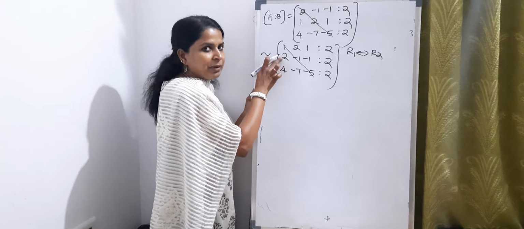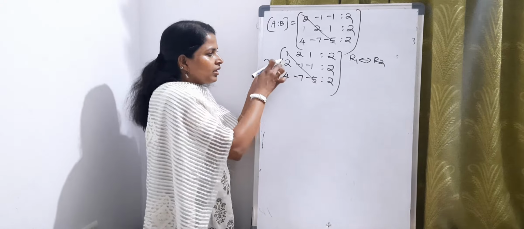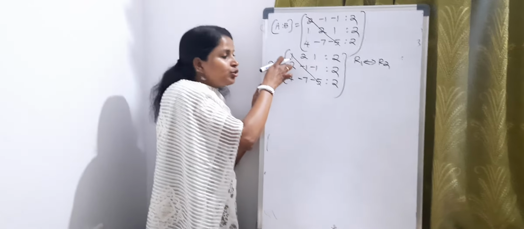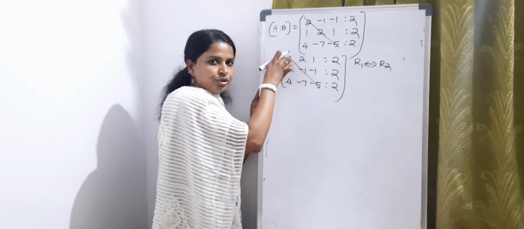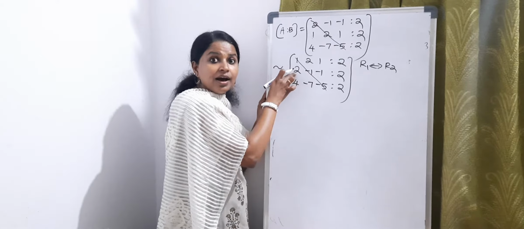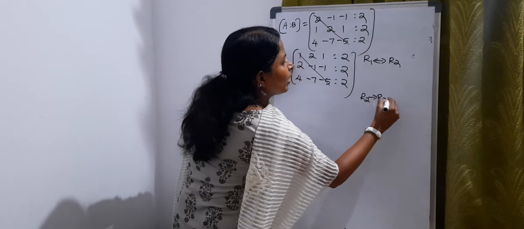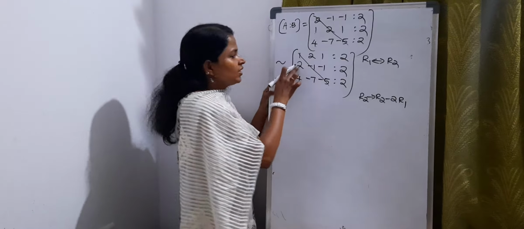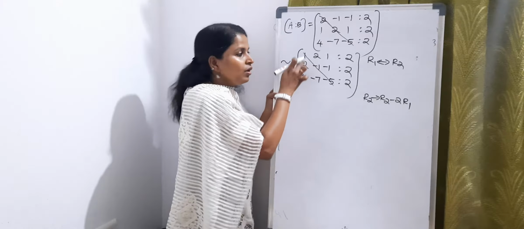Then convert. First we convert this place: this 2 will be 0 and this 4 will be 0. Here 2 minus 2 into the diagonal element 1. That is, R2 gives R2 minus 2 R1. This is the transformation: 2 minus 2 into 1 means 2 in R2, 1 in R1.